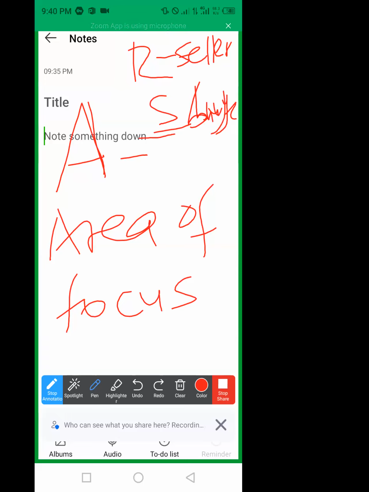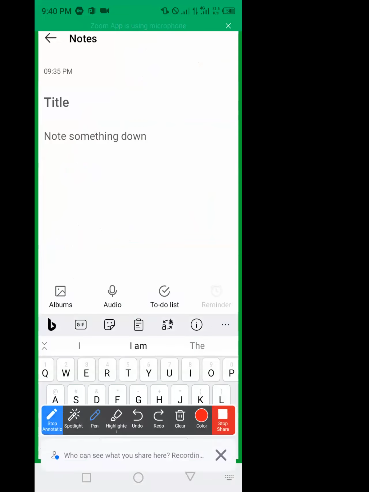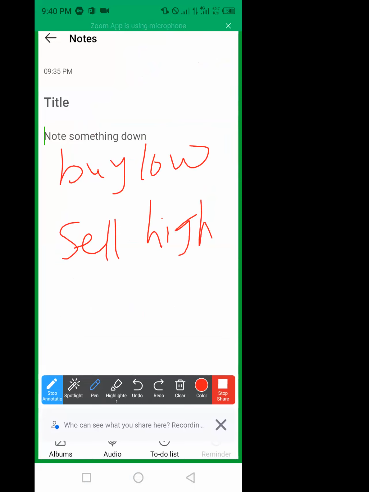And for us who are spot trading, we buy low and then sell high. Our work in spot trading is to buy low and sell high. What does that mean? You are always going to buy while at the support and then sell while at resistance.